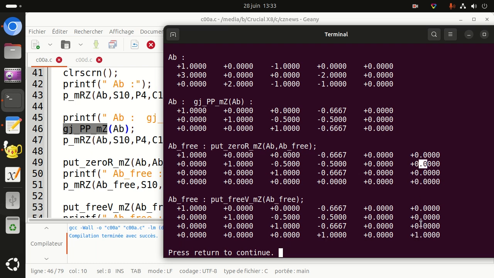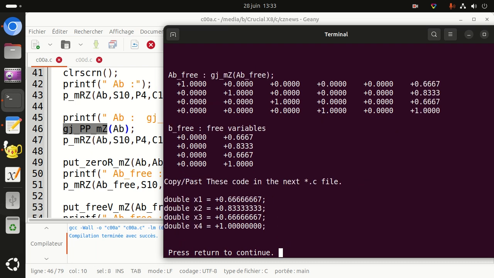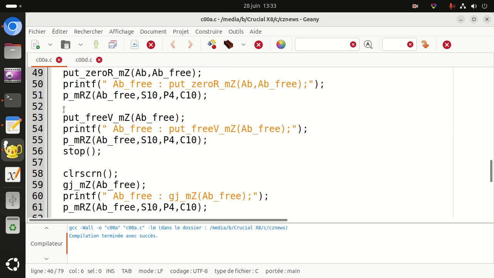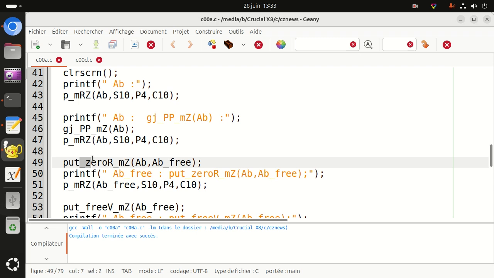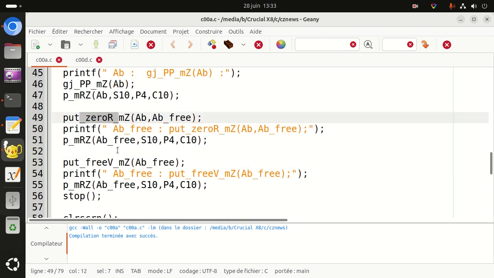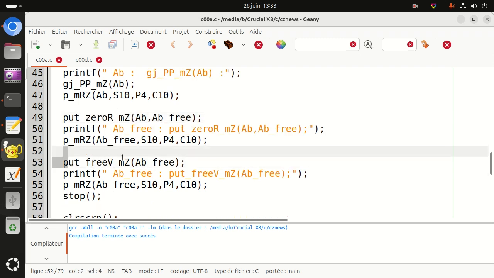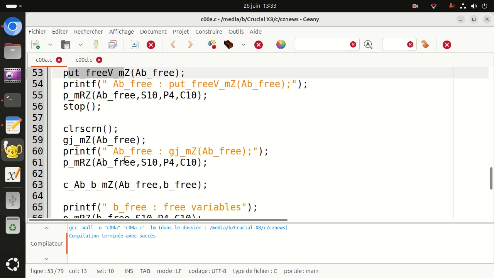This column is for the 3 variables. Now I have a Gauss-Jordan system. Donc, here I put the line of 0 and a column of 0. Now, here, I put the 3 variables.